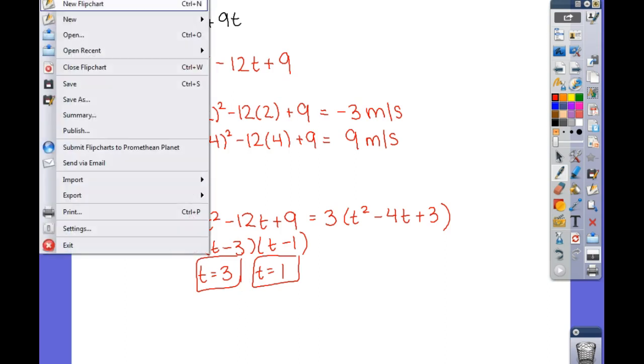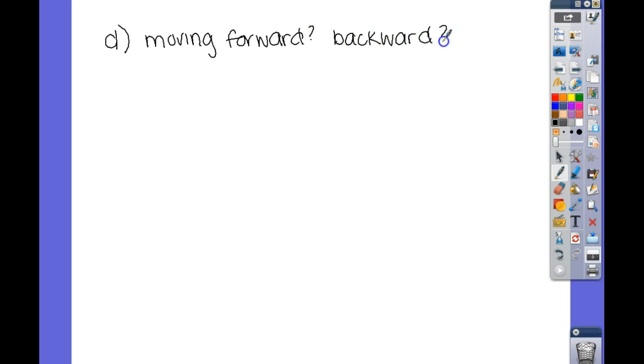So when you're looking at part D, this is where I would almost look at that number line again, and I'd say, okay, here's what I know.